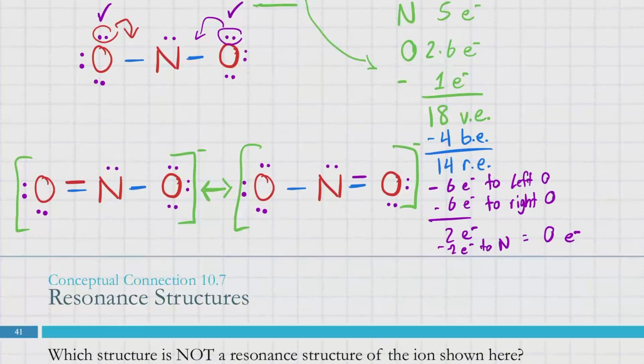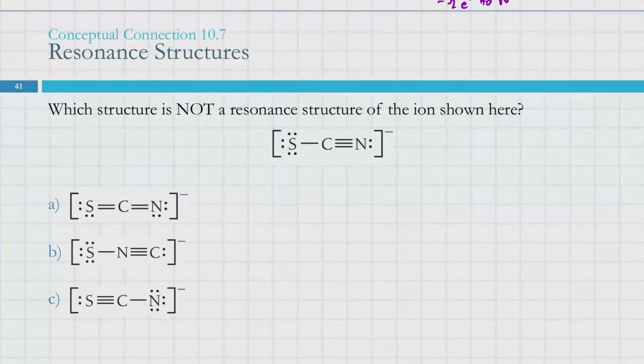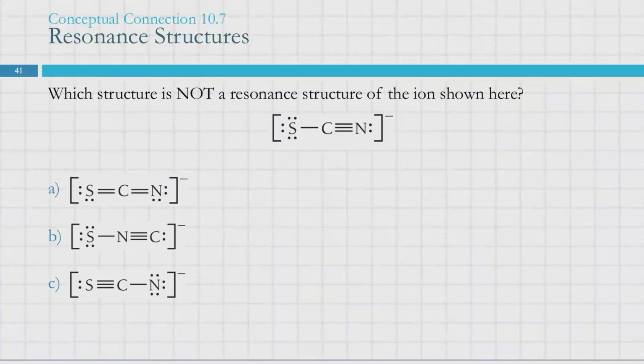So resonance structures are a little bit weird. Let's do a check. Which of these is not a resonance structure of the ion shown here, the thiocyanate ion? One of these things is not like the other.